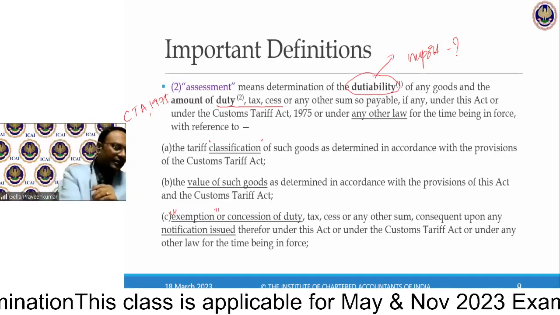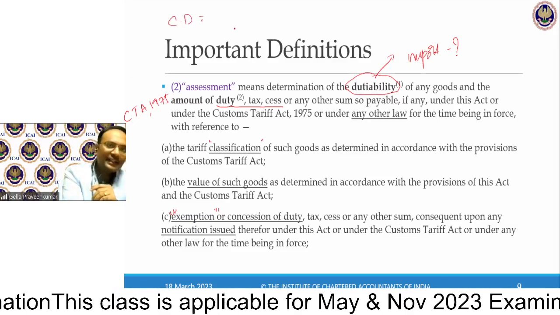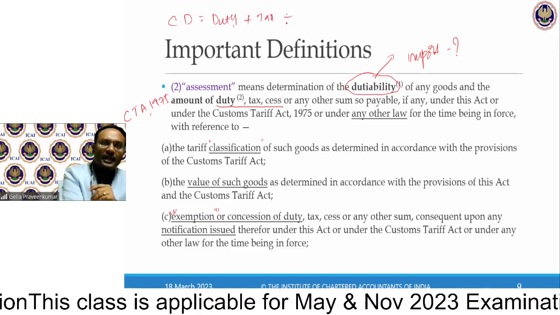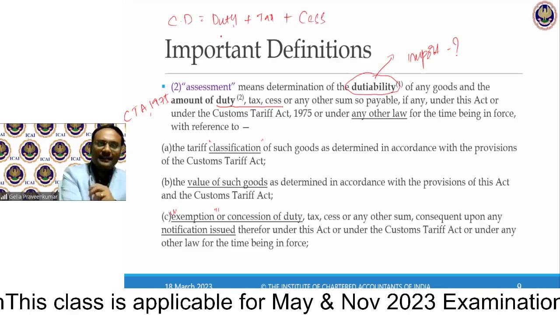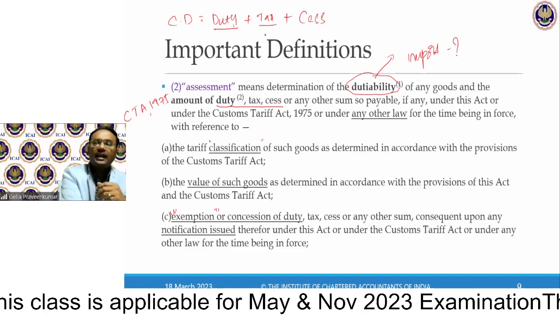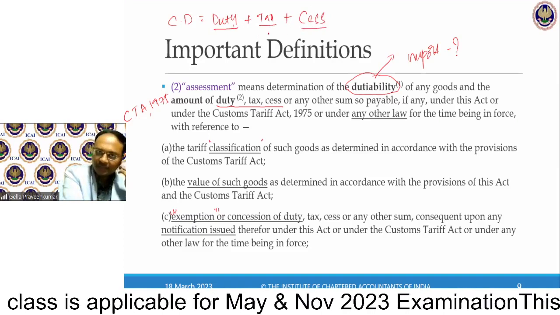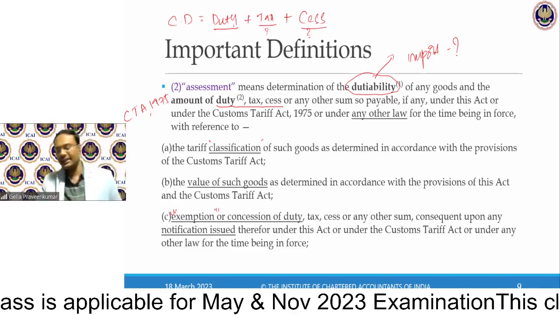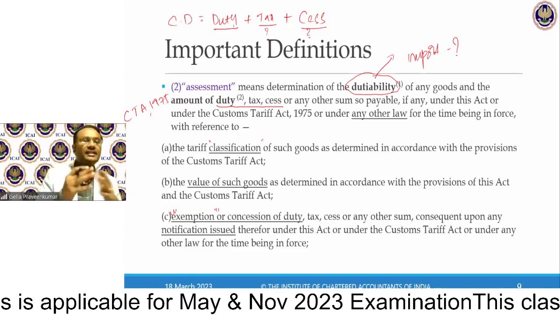As of now, whenever we talk about customs duty, this includes duty plus tax leviable under any other law for the time being in force plus cess. Please keep in mind: duty, that is the customs duty, tax leviable under any other law for the time being in force, and cess. If you ask why tax is referred, why cess is referred, please wait for another 10 minutes. I'll give you clarity why we are referring to duty plus tax plus cess.